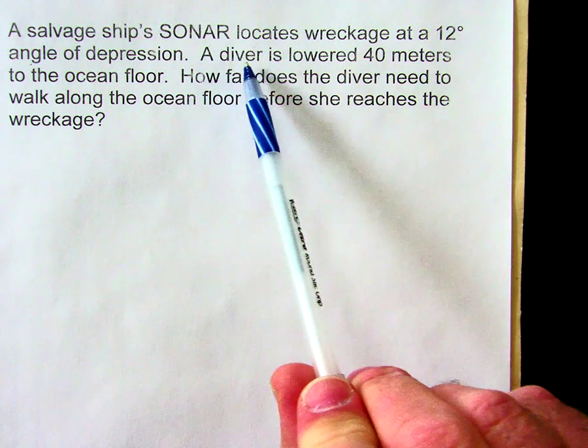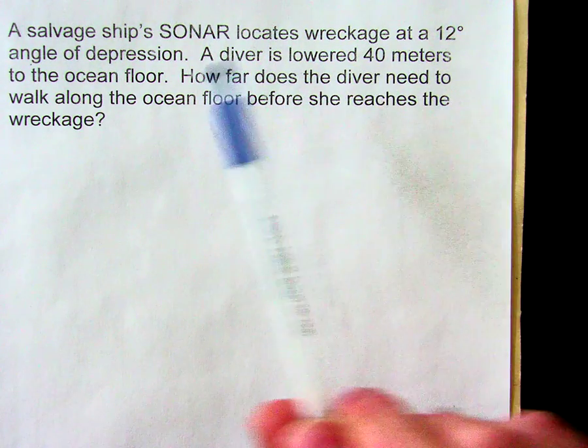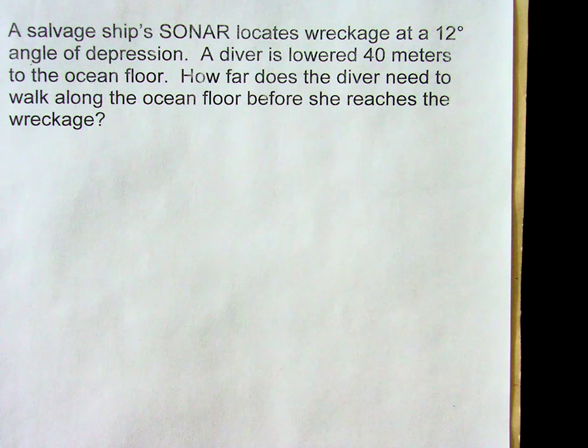We're told that a diver is lowered 40 meters to the ocean floor. The question asks then, how far does the diver need to walk along the ocean floor before she reaches the wreckage? Now, the cool thing about these kinds of problems, folks, is that you get to draw cool pictures.